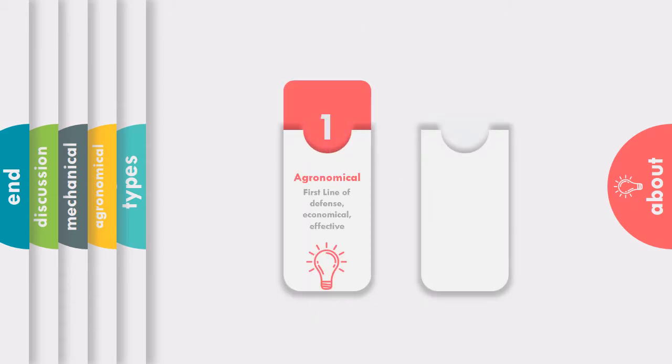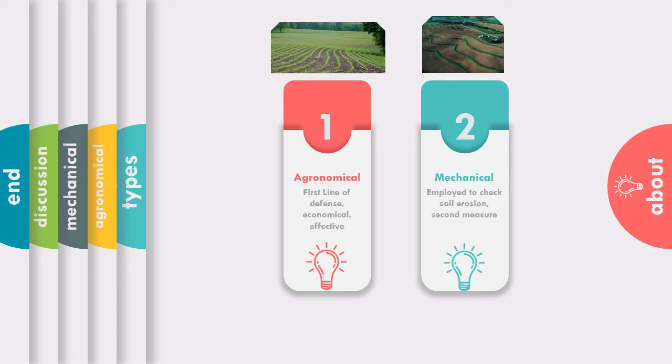So broadly there will be two types of soil conservation measures. One is agronomical and another one is mechanical. When we say agronomical, we will be using plants, as shown in this image, for conserving soil erosion, whereas in mechanical measures some construction or some implements will be used for doing operations, or some structures will be formed.